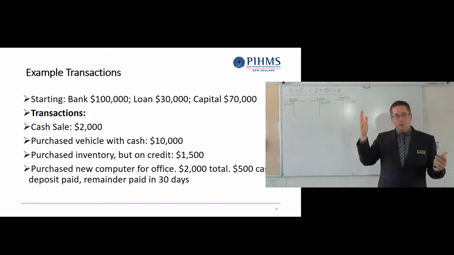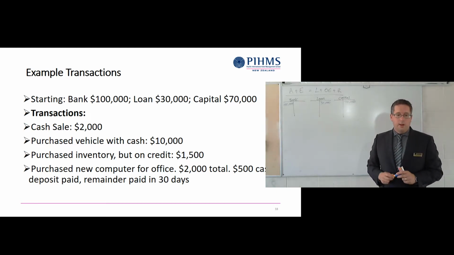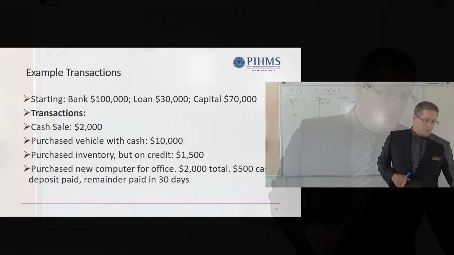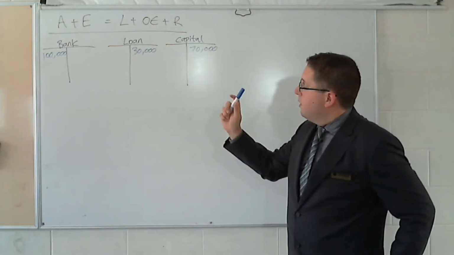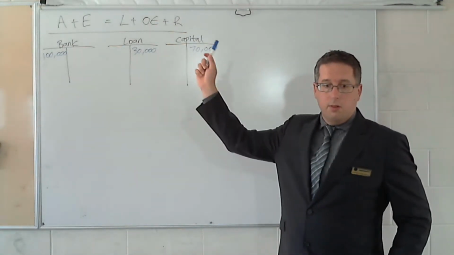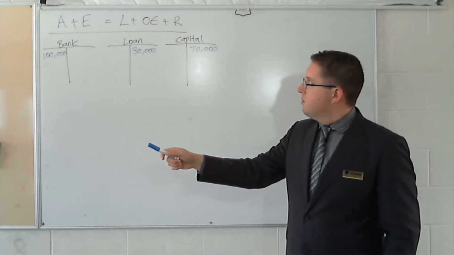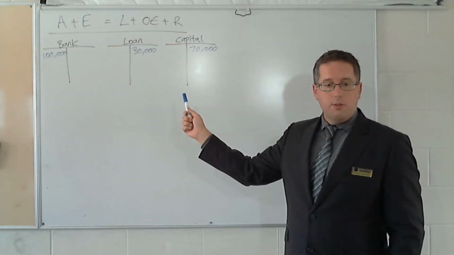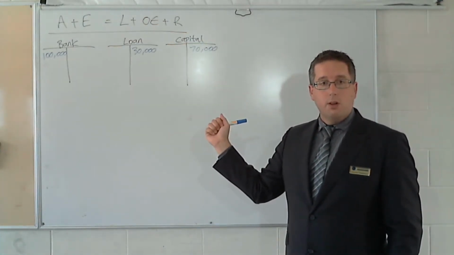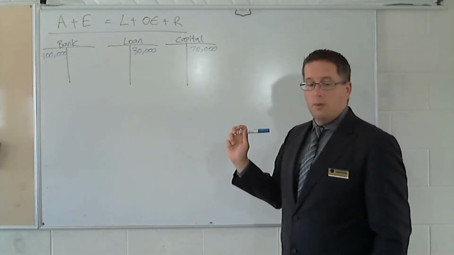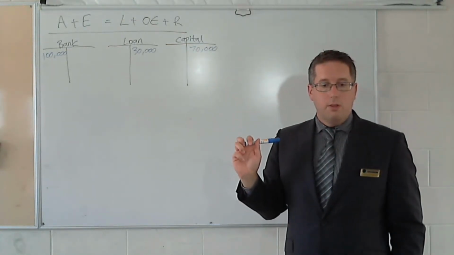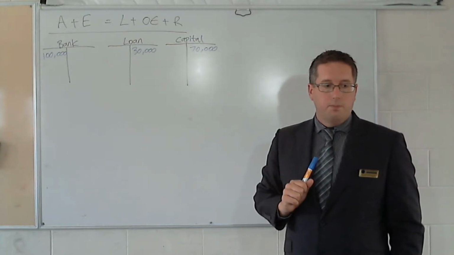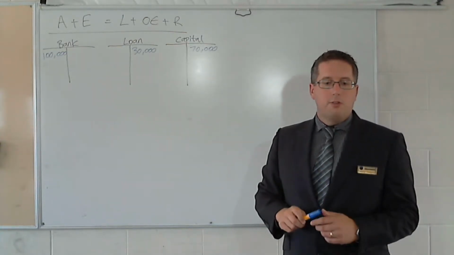So maybe that's the start of the month that they start out with. Money in the bank, $100,000, is on the left because it's an asset. A loan, $30,000, is on the right because it's a liability. And capital is on the right because it's $70,000 from the owner. So those are our starting points.